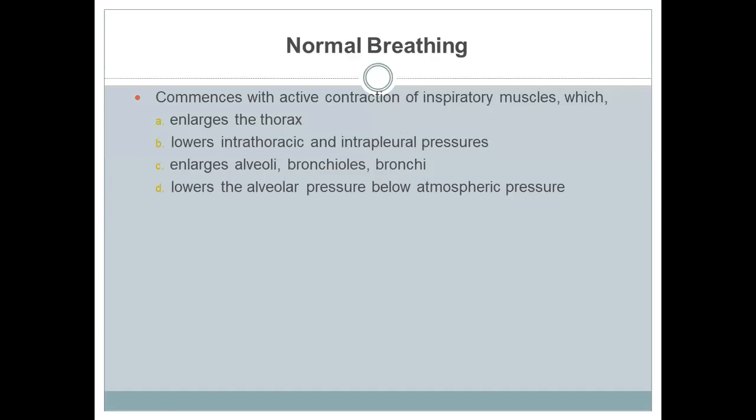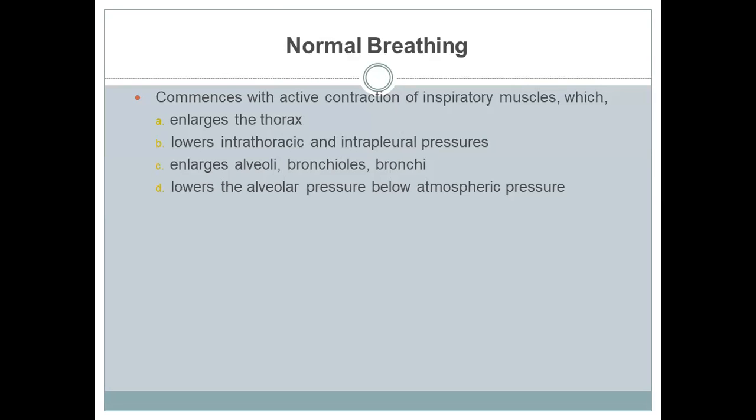Just the revision of normal breathing. What is normal breathing? It is due to active contraction of the inspiratory muscles, which causes the enlargement of the thorax. Due to enlargement of the thorax, it lowers the intrathoracic and intrapulmonary pressure. Along with the enlargement of the thorax, this active contraction of the inspiratory muscles also enlarges the alveoli, the bronchioles, and the bronchi.